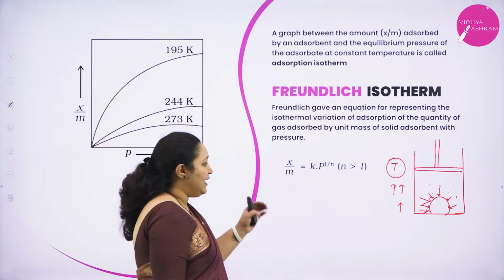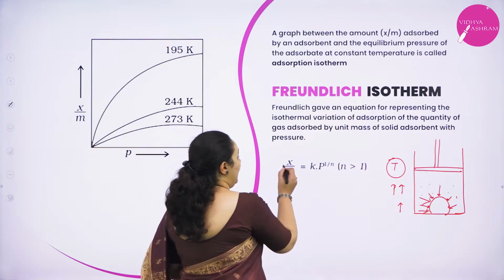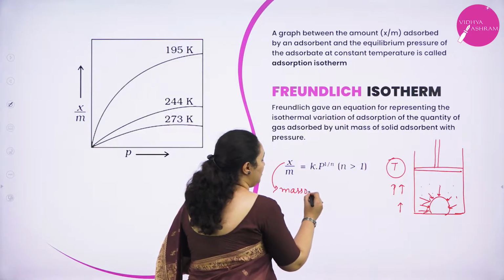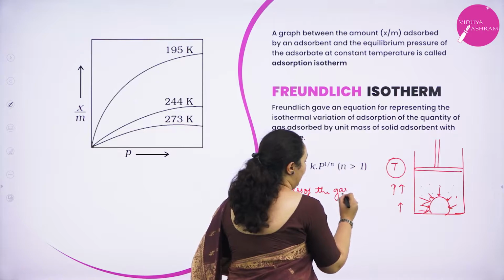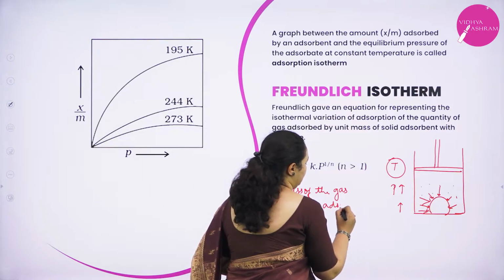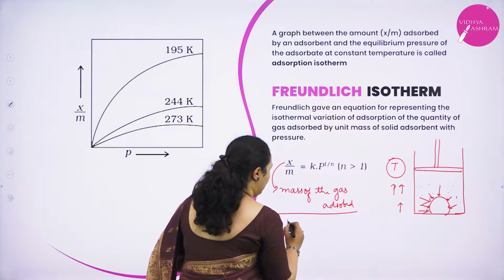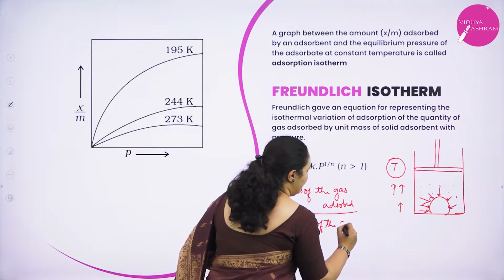Now what does x by m mean? x is the mass of the gas adsorbed, and m is the mass of the adsorbent.